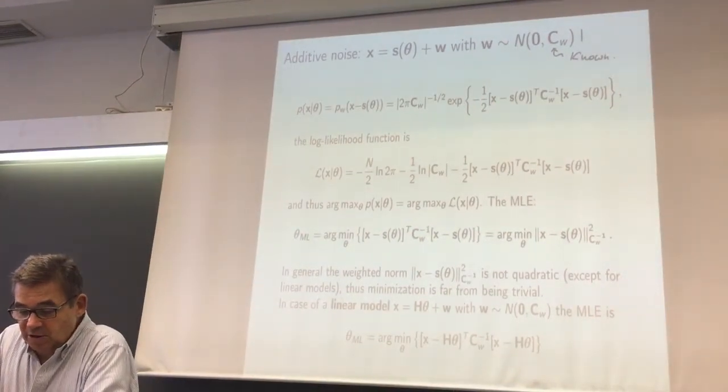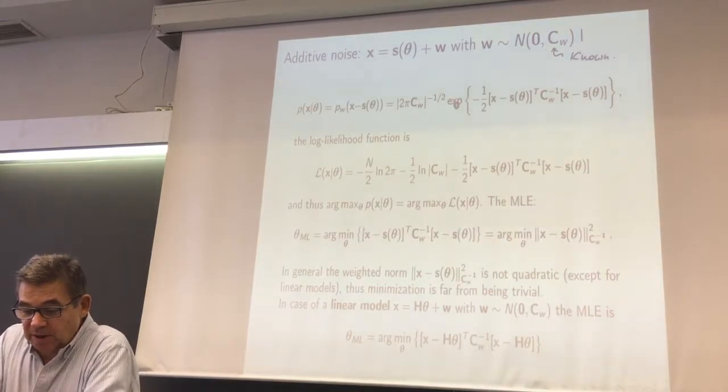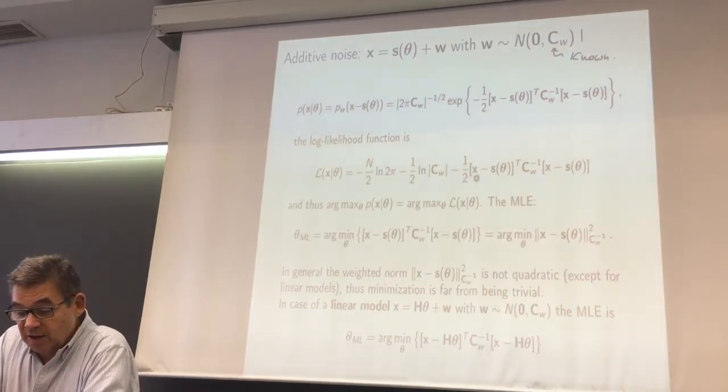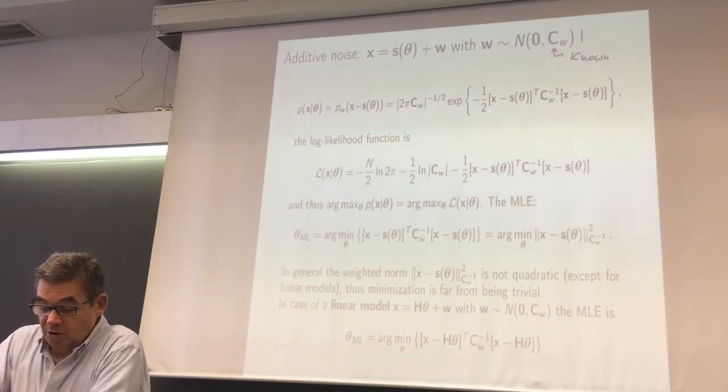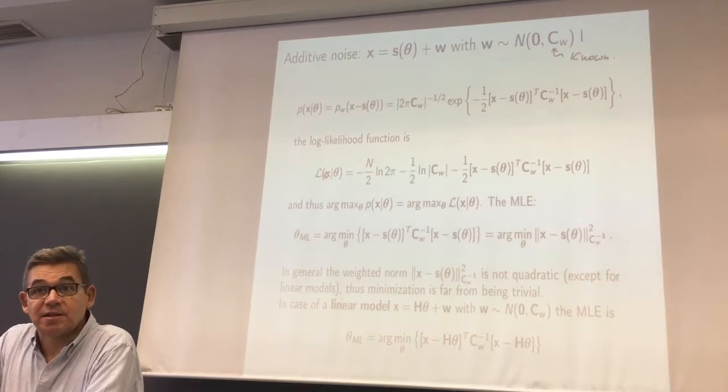When I take the logarithm, the logarithm and the exponential go away. So what happens is that I have minus 1/2 times x minus S theta transpose CW to the minus 1 times x minus S theta. So, assume that now I need to maximize this one.